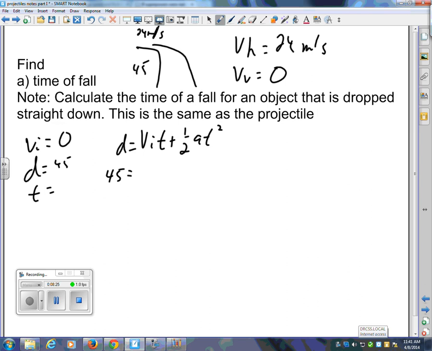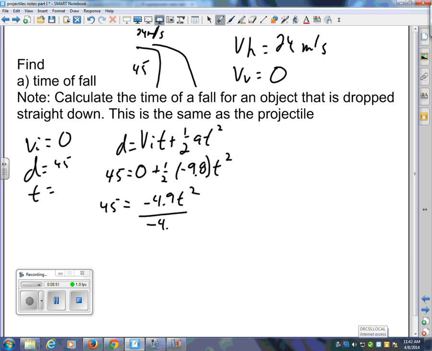The initial vertical velocity is 0 times whatever t is, just 0. So that's why I just get that 1/2. Now, what about acceleration? Should it be minus 9.8? Well, it's down, so minus 9.8 t squared. Half of minus 9.8 is minus 4.9 t squared.